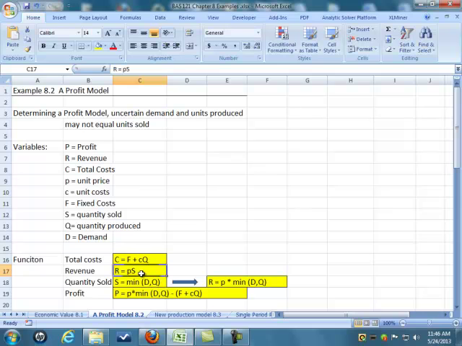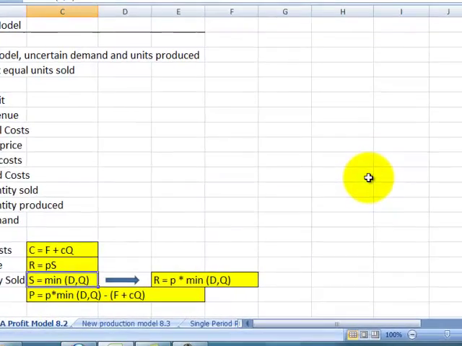Our revenue is going to be the quantity sold, right? Because now again we're not assuming that just because we produced it, it's sold. It's the quantity sold times the unit price. Now, the quantity sold is going to be whichever is less, the quantity demanded by customers or the quantity produced.